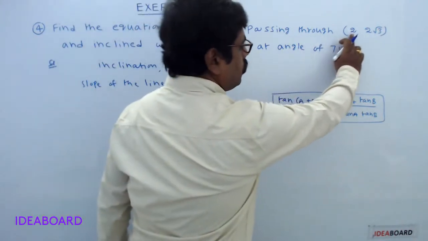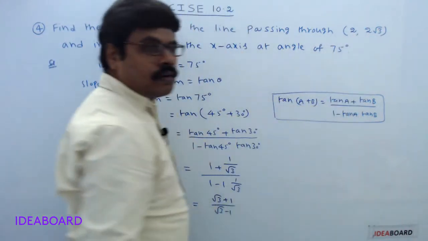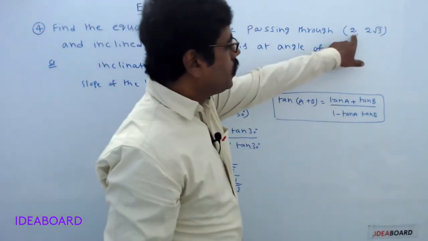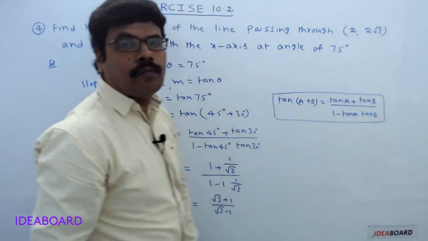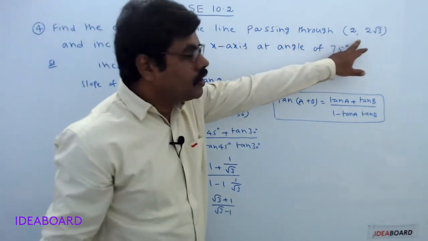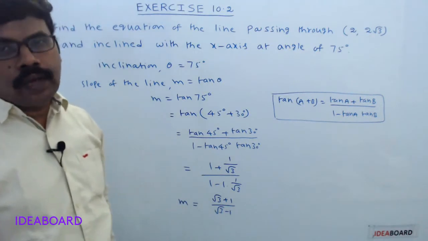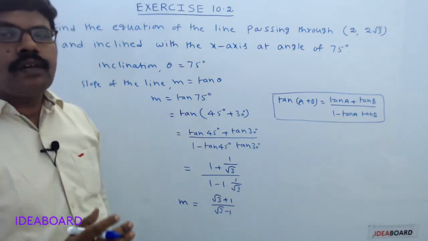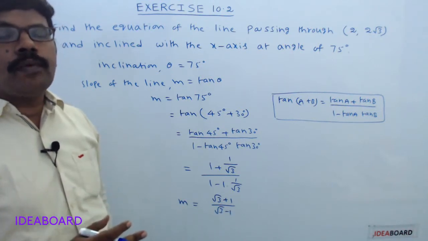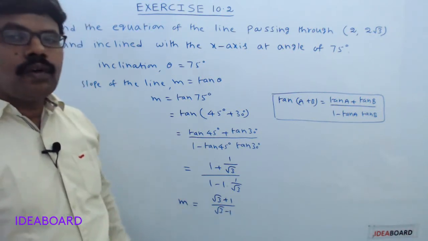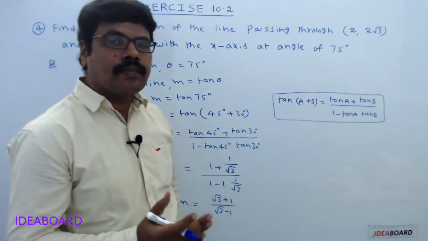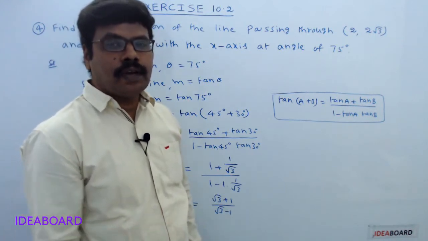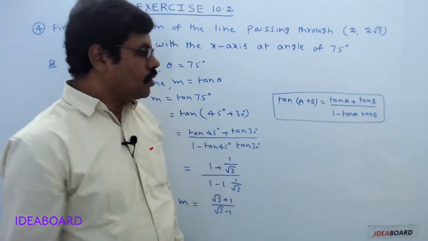The required line passes through the point (2, 2√3). Denote this point's coordinates with x1, y1. The slope is m. So the equation of a straight line passing through a point (x1, y1) with slope m is y minus y1 equals m into (x minus x1). Use that formula.